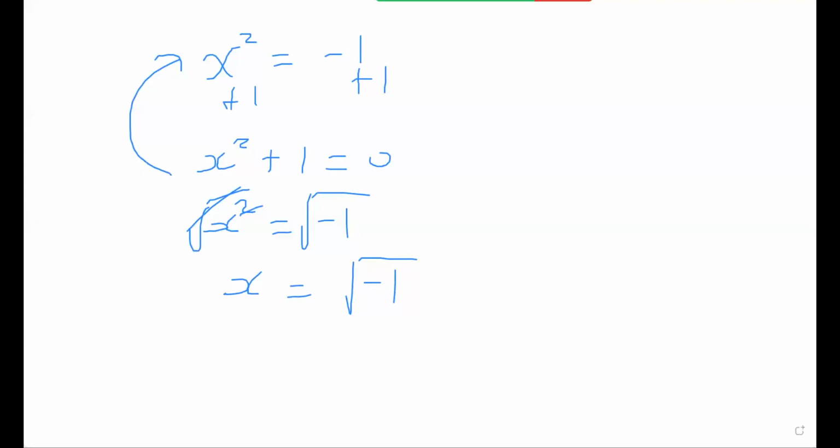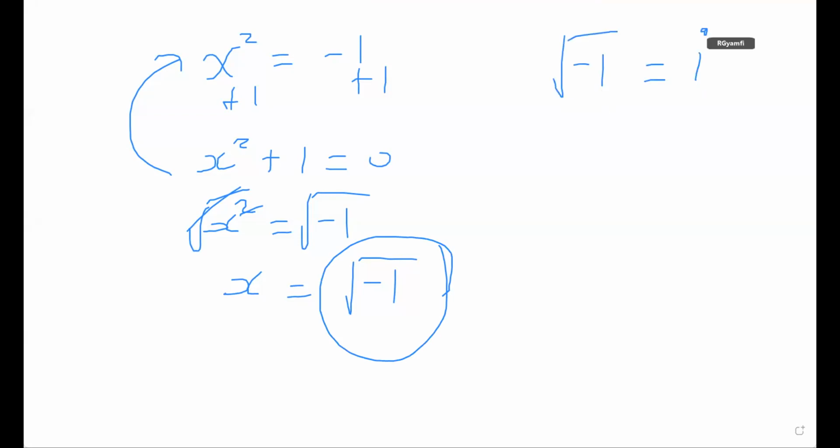What we are going to do here is that anytime you get to this point where you have the square root of negative 1, we are going to say that the square root of negative 1 is equal to i.